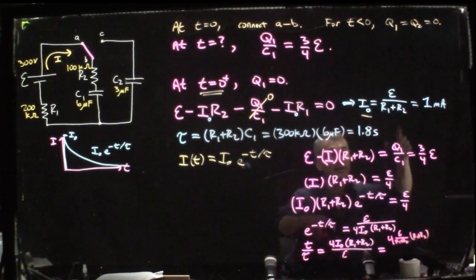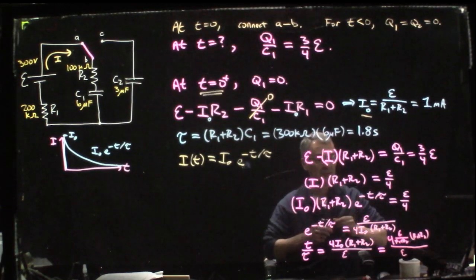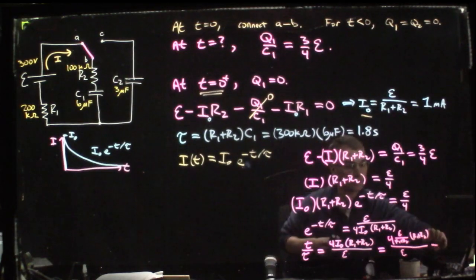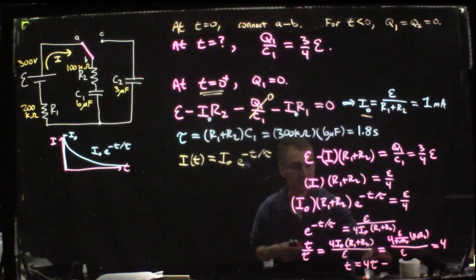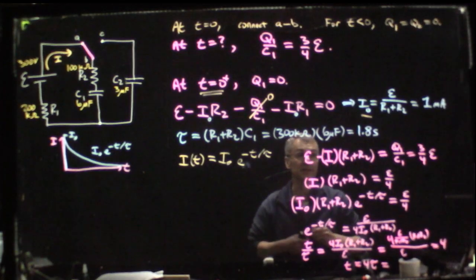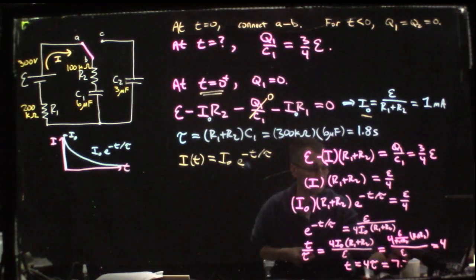That'll cancel. And then here is the battery EMF. So actually it's just going to be 4. Yeah, there we go. This equals 4. Okay, so t is 4 time constants. So that's going to be 4 times 1.8 seconds. So I guess that's going to be 8 seconds minus 10%, 7.2 seconds.